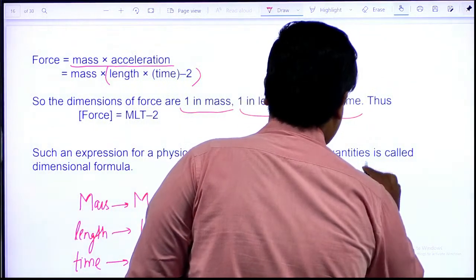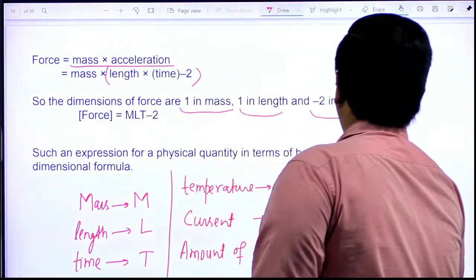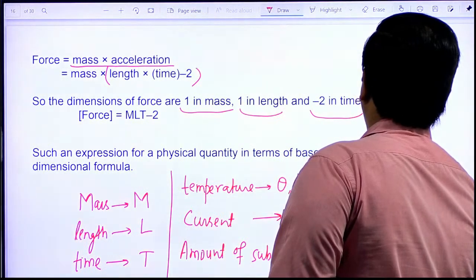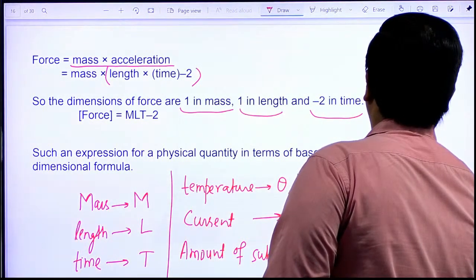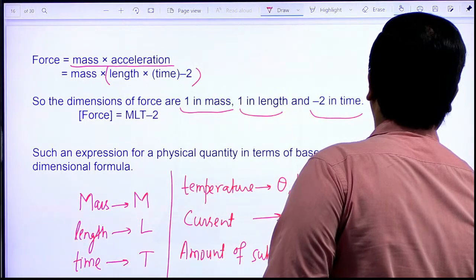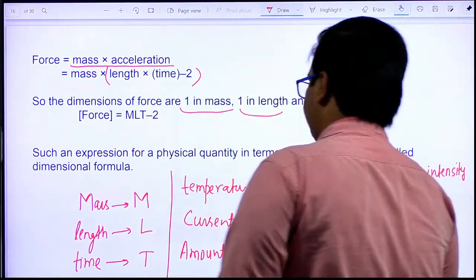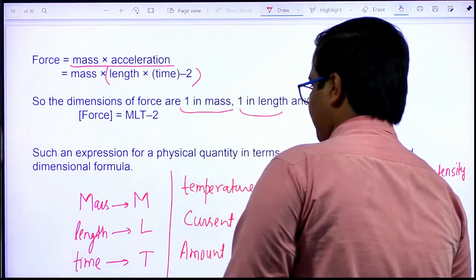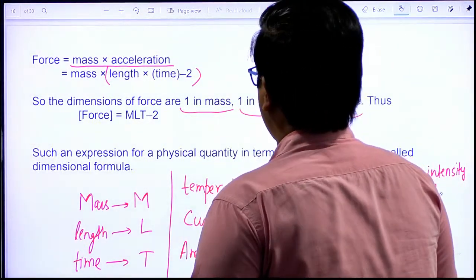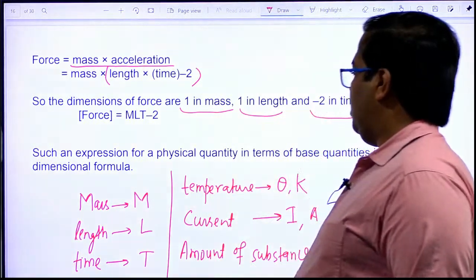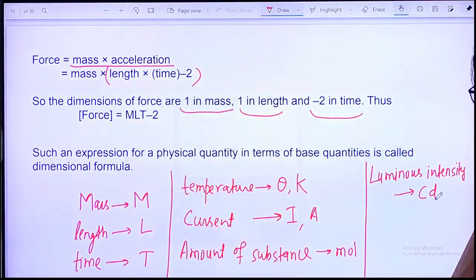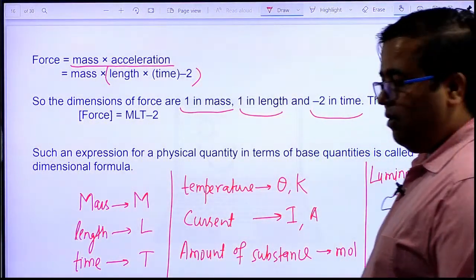Luminous intensity as CD. We have all 7 physical quantities; we don't have any more now.